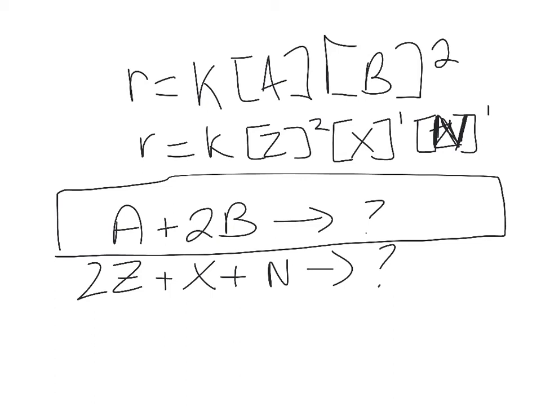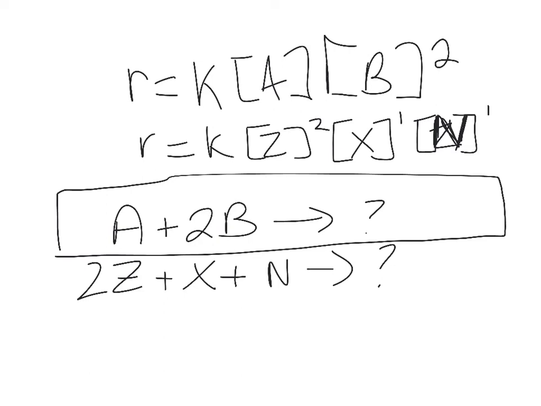A plus B doesn't fit because the coefficients aren't 1. Therefore, it has to be 3, because there you've got A to the first order, B to the second order from your slow step. When you look at these reaction mechanisms, look at the single and then look at the slows.